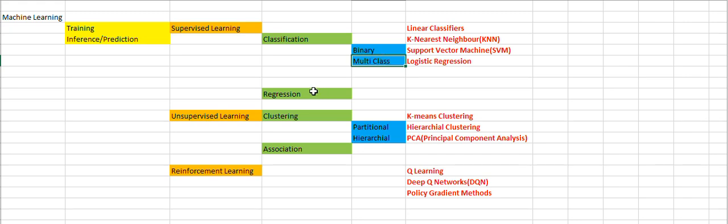Now there is another problem they used to handle, that is your regression problems. Regression problems are those where the output is numerical only. For example, Zomato, Swiggy or Blinkit: the time taken for arrival.